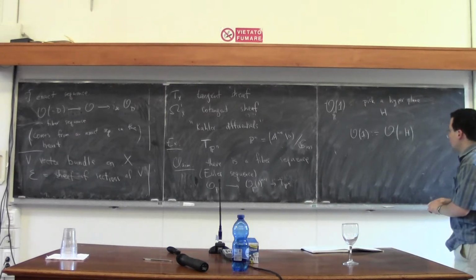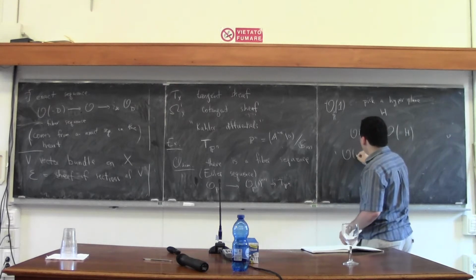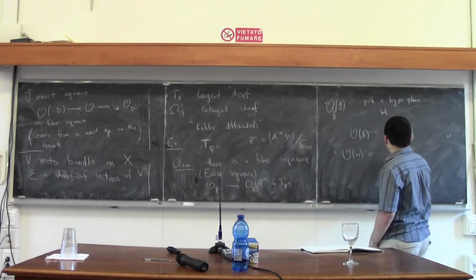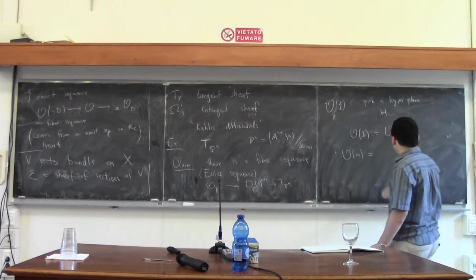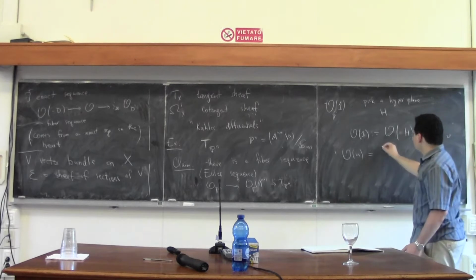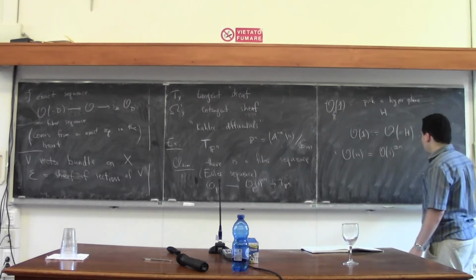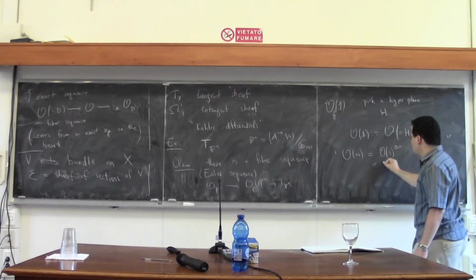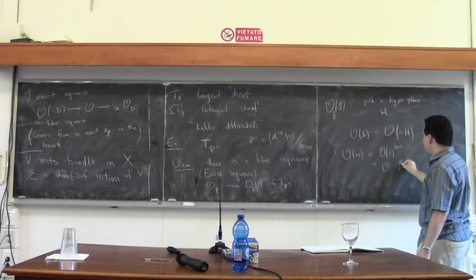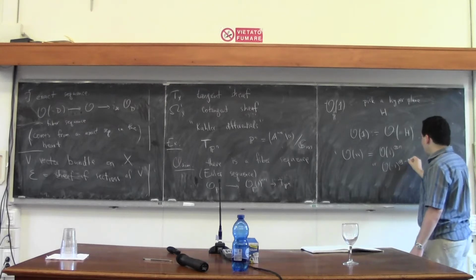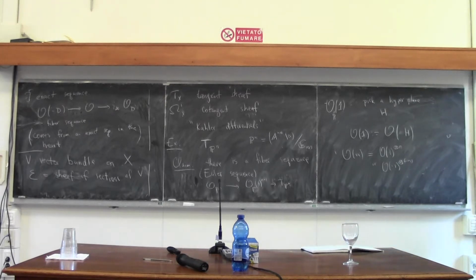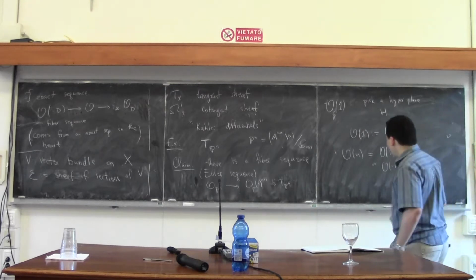Apologies. So similarly, O(n) is O(1) tensor n, or O(-1) tensor minus n, depending on whether n is positive or negative. I didn't tell you how to take negative powers, but here's such a thing.